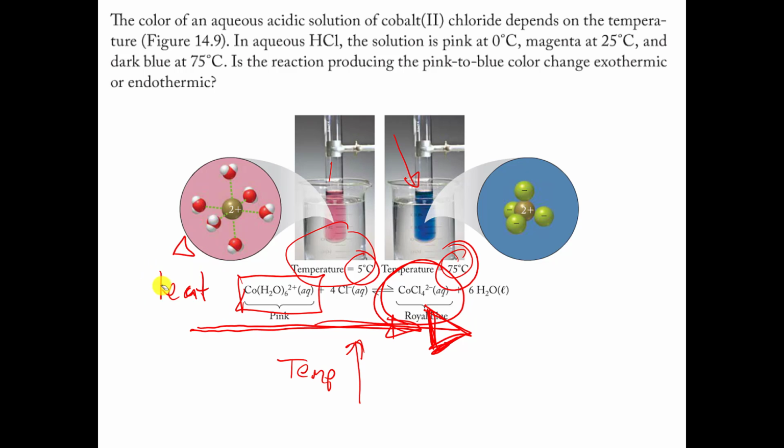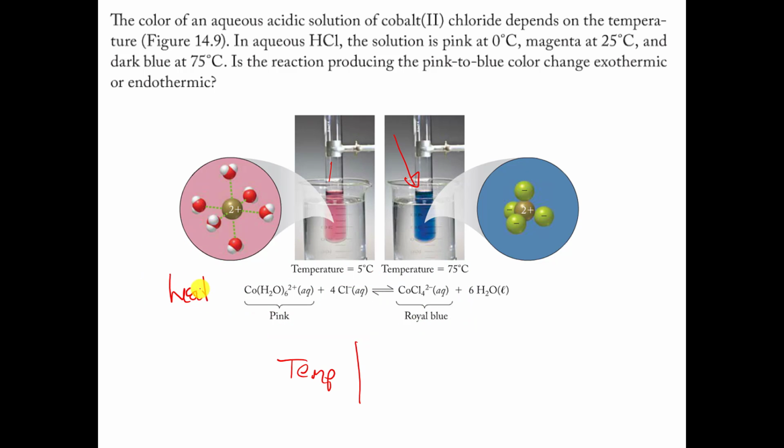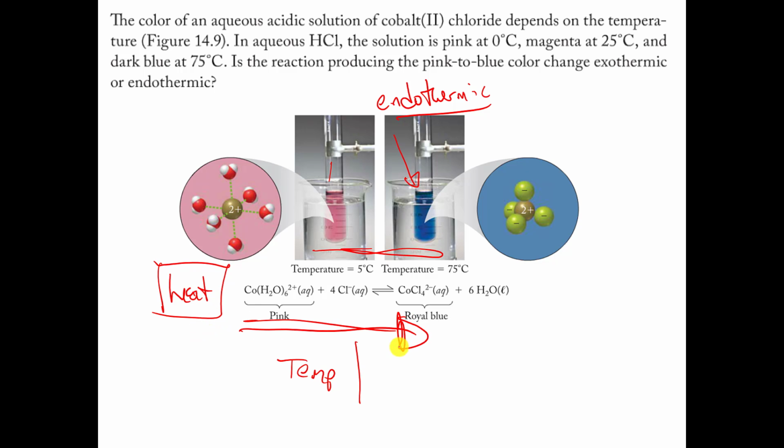And this is only true if heat or energy is on the left side of the equation. What that means is we know, just by doing this little experiment, that this reaction right here is endothermic. This only happens if you heat up a chemical reaction and you push the reaction to the right side. It has to be endothermic.